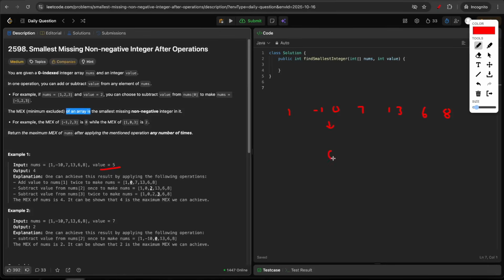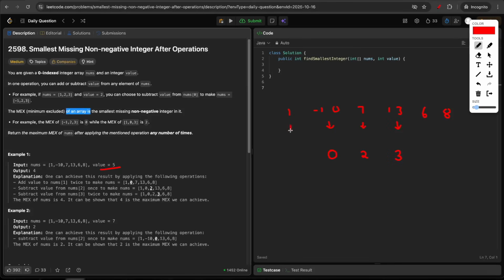So it will be 0. And in the next step, he chose this number and decreased 5 from it. So this will become 2. And in the next step, he picked this number and decreased 5 from this number 2 times. So this will be 3.